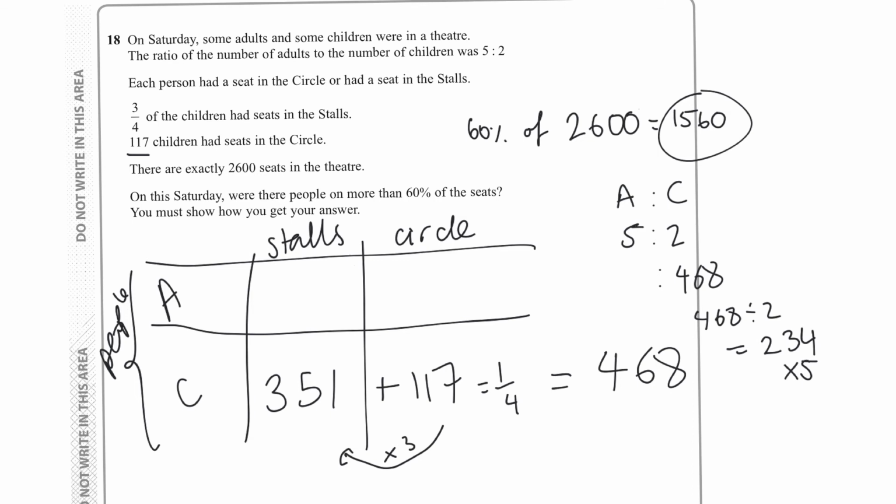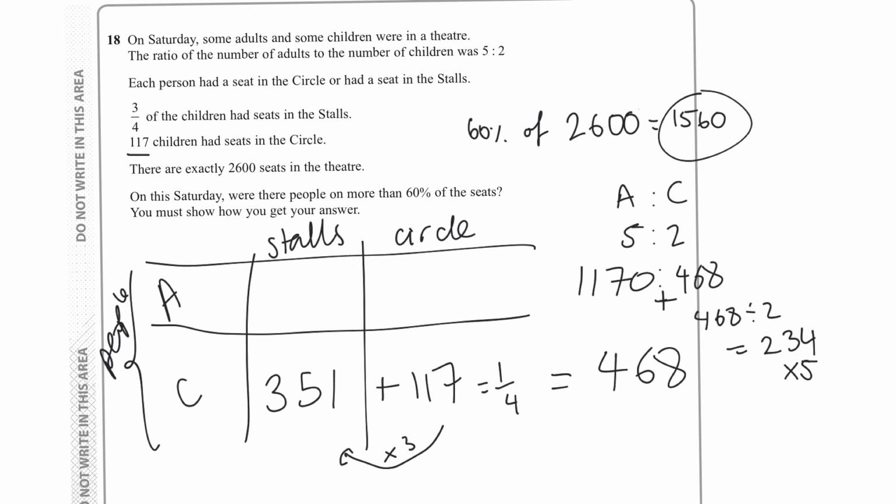So times by 5, 2, 3, 4, times by 5, 1,170. So now add those two together because you've got 1,170 adults plus 468 children.